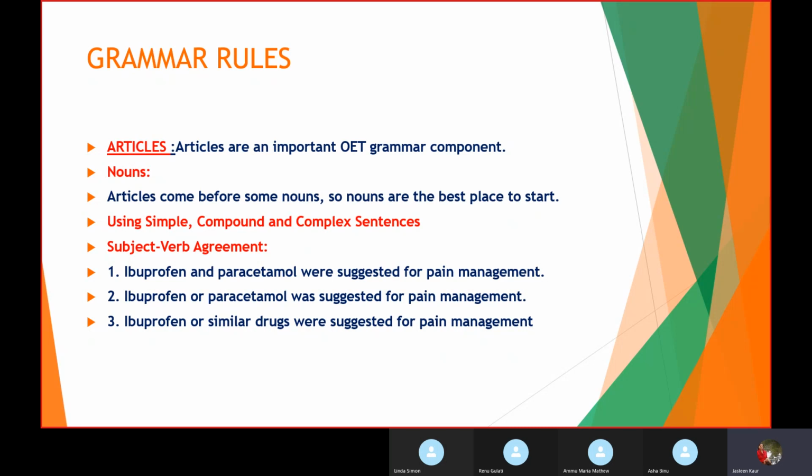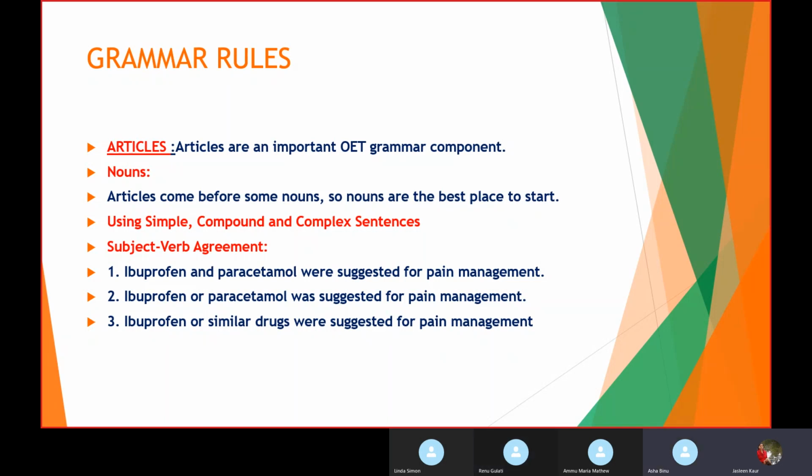If I write it a different way, similar drugs or ibuprofen was suggested for pain management, is this correct or not?